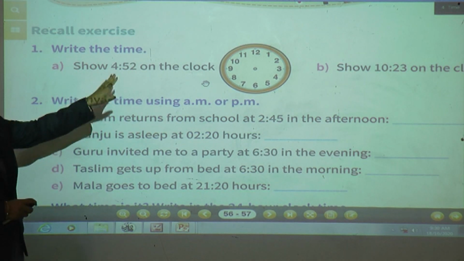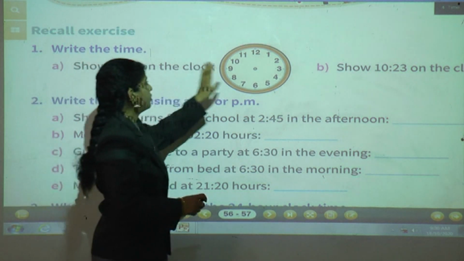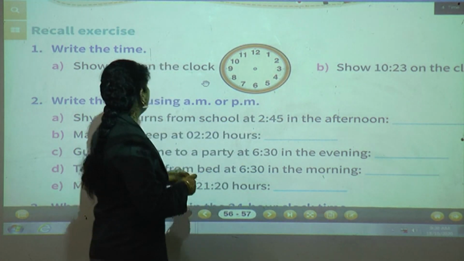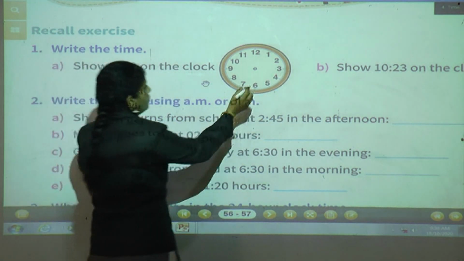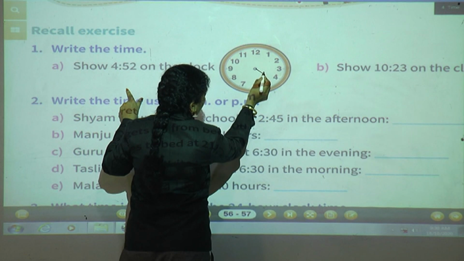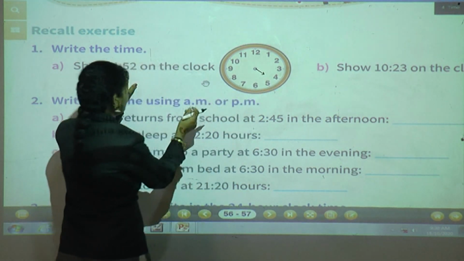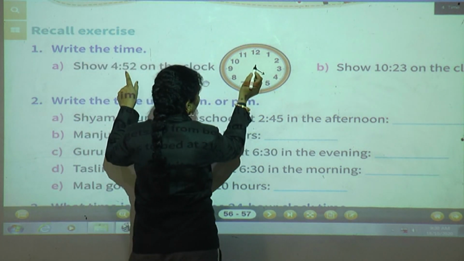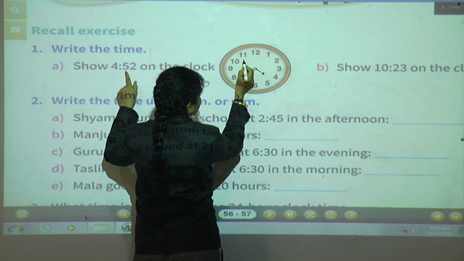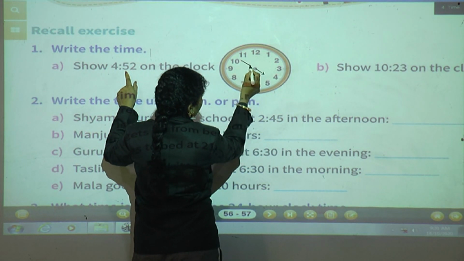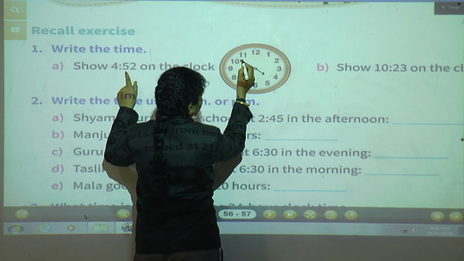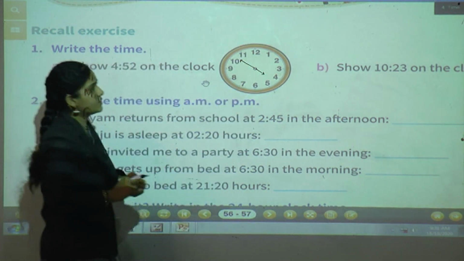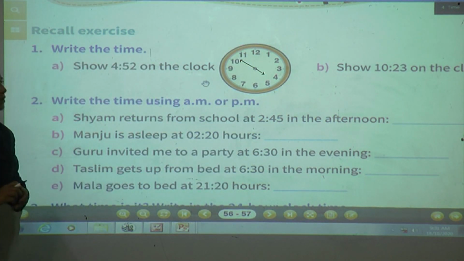Students, we have to show the time on the clock. Here is 4, so draw the short hand there. And 52, where is it? Yes students, here between 10 and 11, count 2 divisions and draw it.